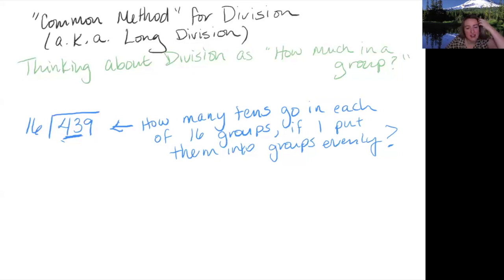So let's see. If I give 1 ten away, that's 16. 1 ten to each group. 2 tens to each group will be 32. And I don't think I can do 3 tens for each group. Okay, so I did 2 in the tens place, 2 tens for each group, and that used up 32 tens.